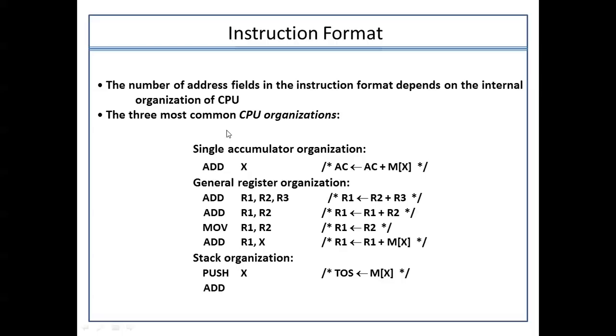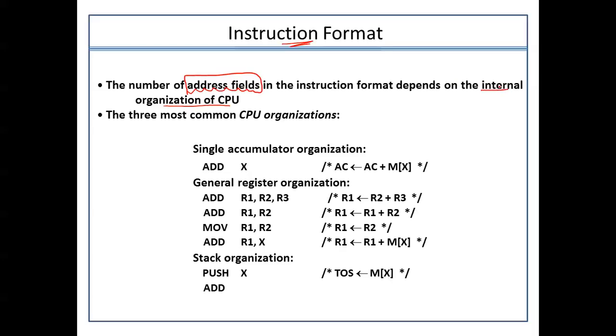The point here is that the different types of instruction format depend upon the number of address fields required within the instruction. The number of address fields in the instruction format basically depends on the internal organization of the CPU.